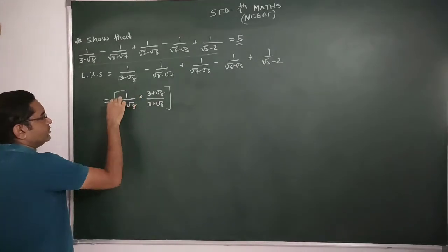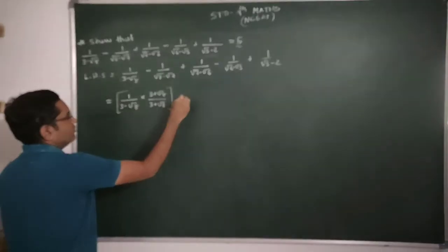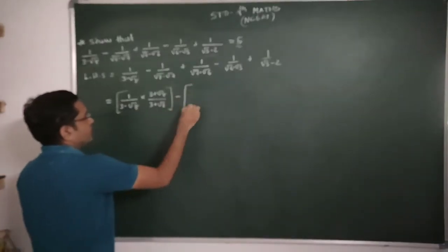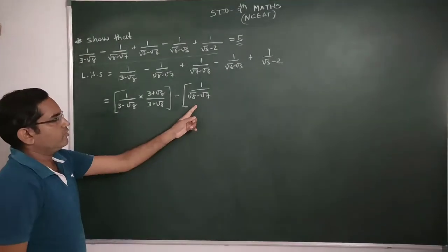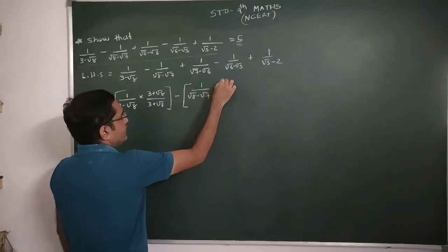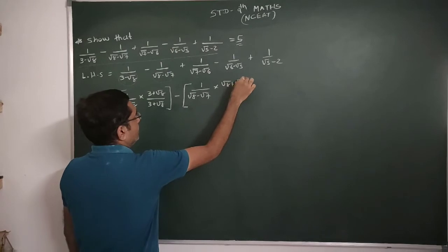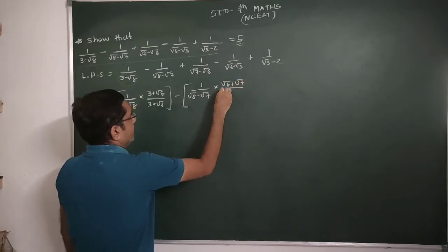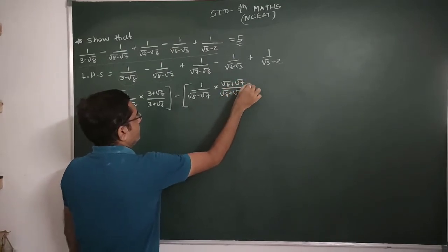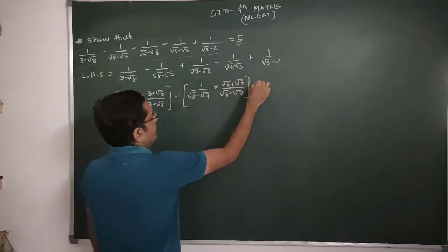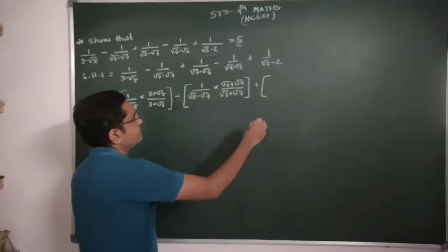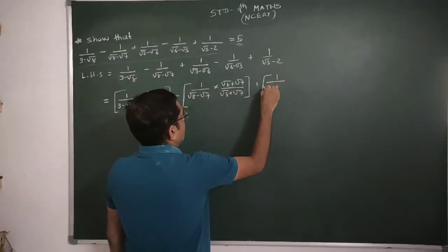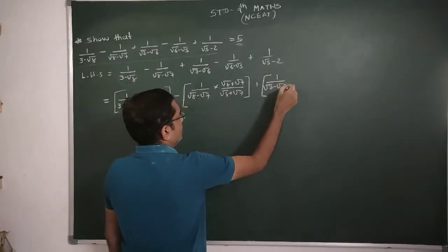So this is for the first term, this one. Now minus sign is set. Now the second term is 1 upon root 8 minus root 7. So for this term, the rationalization factor is root 8 plus root 7 divided by root 8 plus root 7. Plus, the third term, which is 1 upon root 7 minus root 6.